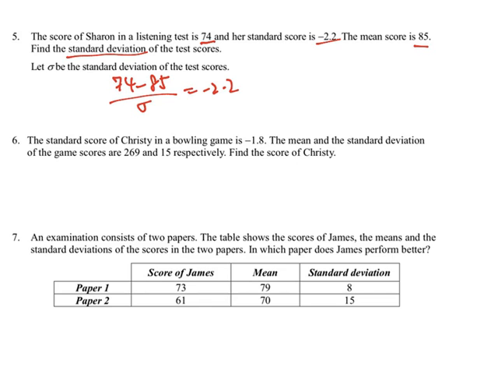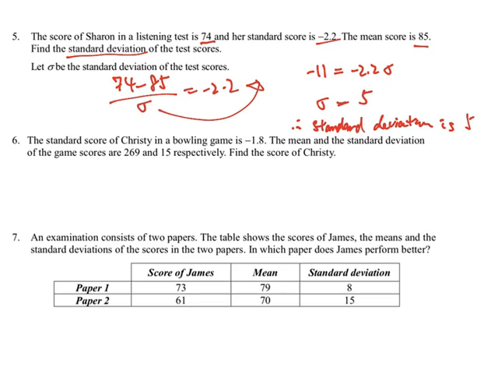So 74 minus 85 is negative 11, equal to negative 2.2 sigma. Lastly, we use negative 11 divided by negative 2.2, so we get 5. So the standard deviation is 5.